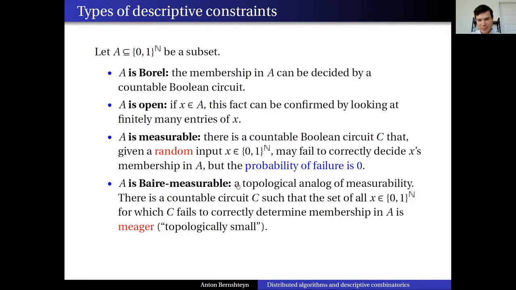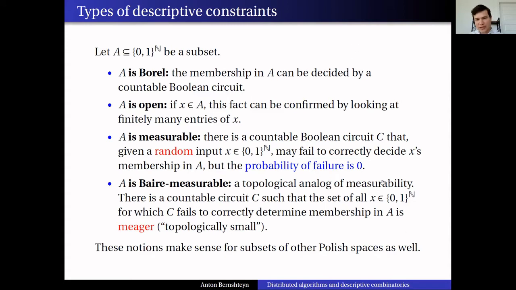So a set is Baire measurable if there is a countable Boolean circuit C such that the set of all strings of bits for which the circuit fails to correctly determine whether it's in A or not is what is called meager. I'm not going to define this precisely, but that means it's topologically small. So instead of saying that the set is of measure 0, which is how you define measurable sets, you say that it's meager, which means small in some topological sense. Okay, so these are the 4 main notions that we study.